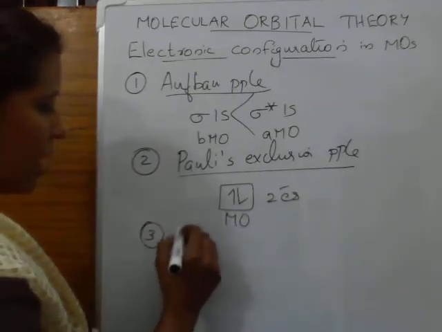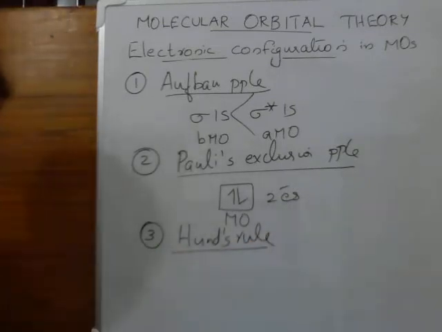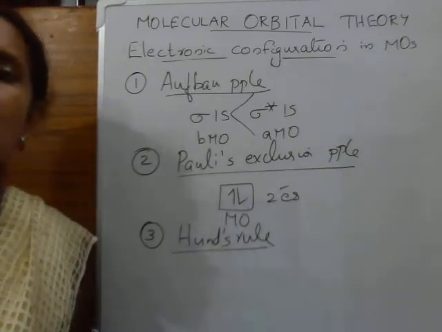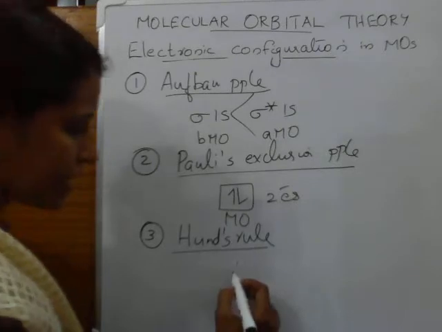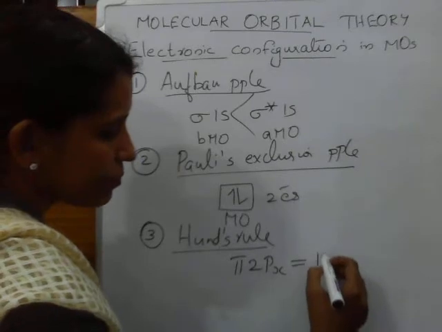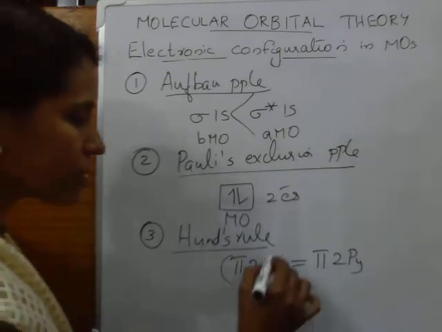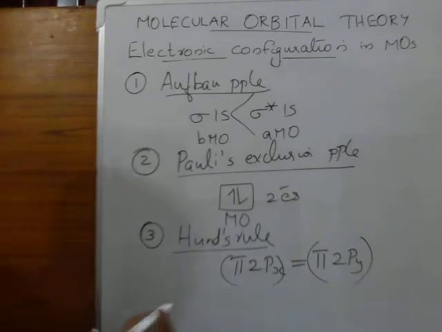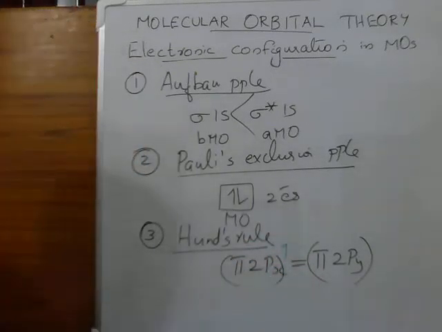Now the third rule, Hund's rule. Hund's rule talks about the filling of electrons in equal energy orbitals. Equal energy molecular orbitals are, for example, pi 2px, which has the same energy as pi 2py. These are degenerate MOs, equal energy MOs. How to fill electrons in degenerate molecular orbitals? First, each orbital is singly occupied. If there is only one electron, that will be filled in pi 2px.